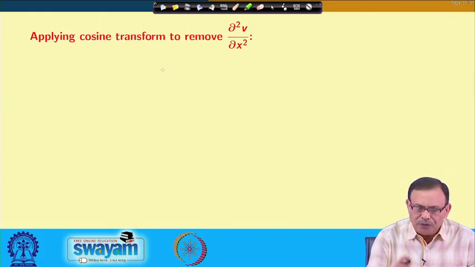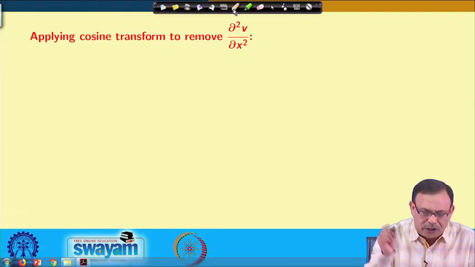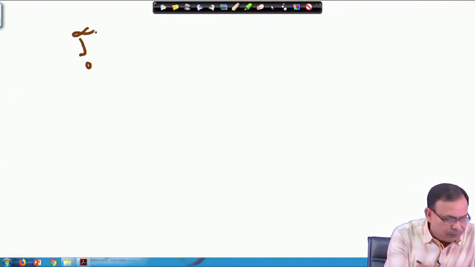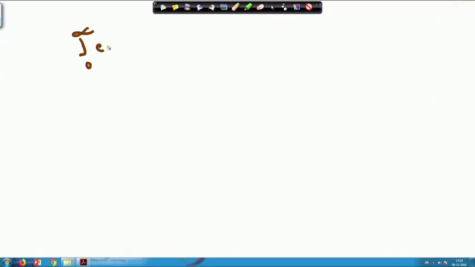Now, to remove del 2 v del x square, let us start similarly from this position, 0 to infinity cos of alpha x into del 2 v del x square dx.